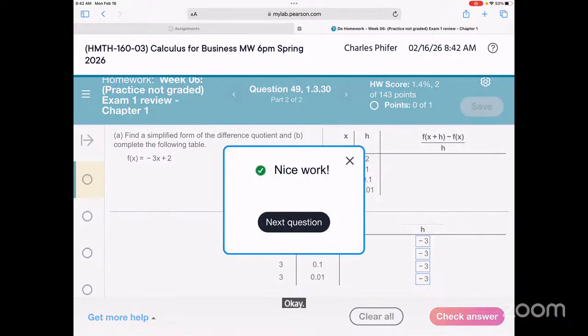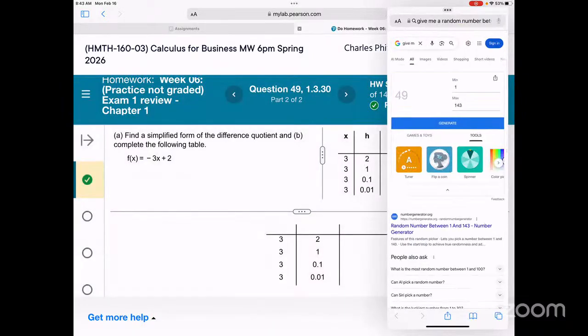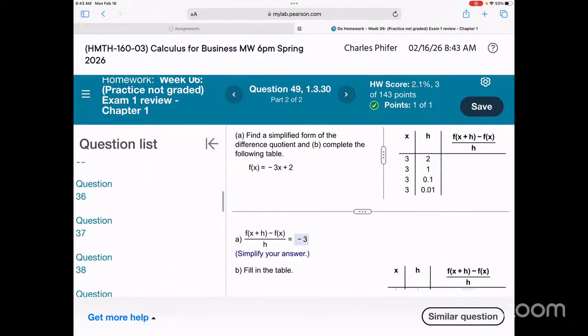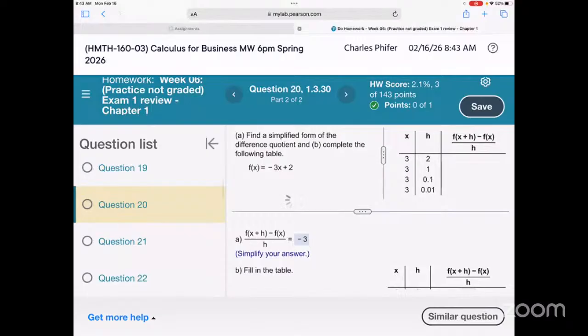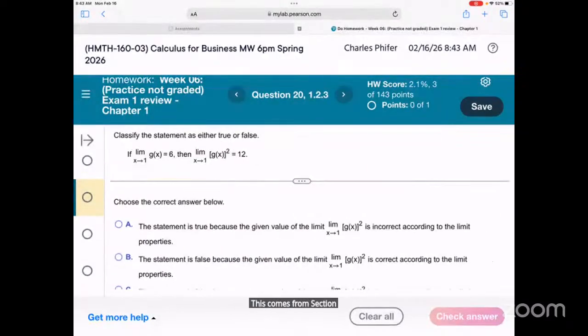Let's try another one. Let's go to question 20. This comes from section 1.2, question 3.